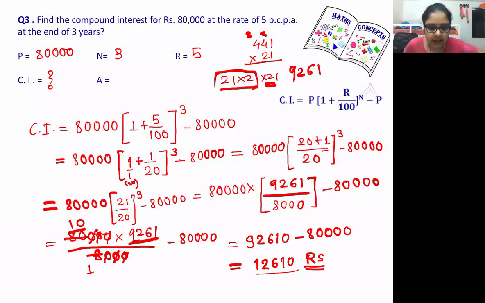Did everyone understand this? Yes. Ayush, did you understand this? Yes, ma'am. Okay. Shreya, now are you able to view the screen? Yes, ma'am. Now I can view. Did you understand this example? I have also got the same answer. Okay, that's 12,610. That's good.